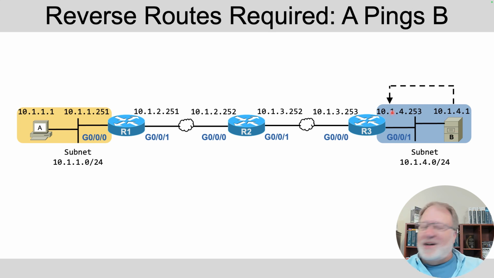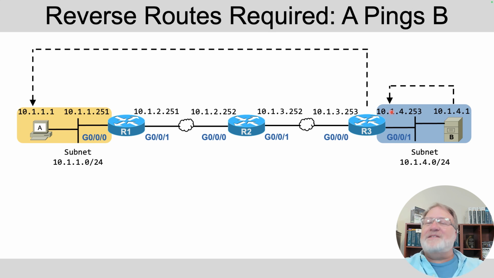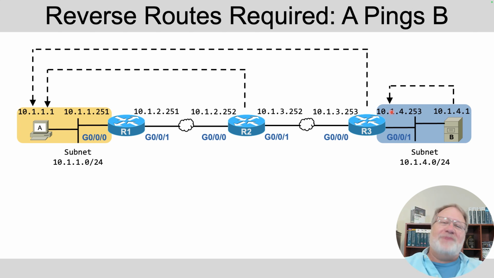So B's got to exercise its default router setting. And then R3's got to exercise its route matching host A, the reverse route, if you will. And R2, its reverse route going back to host A. And then R1, its route pointing back to host A. So once you think about your networks like this, you can say, maybe I could ping different things from different places and make really good use of the ping command, and indeed you can.